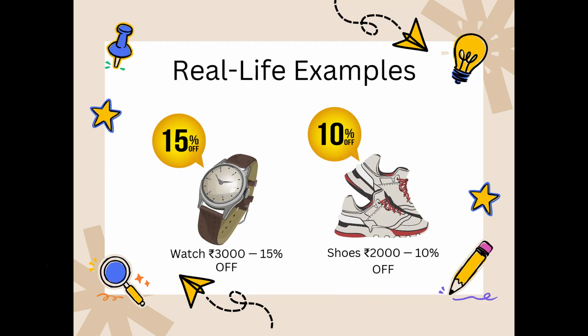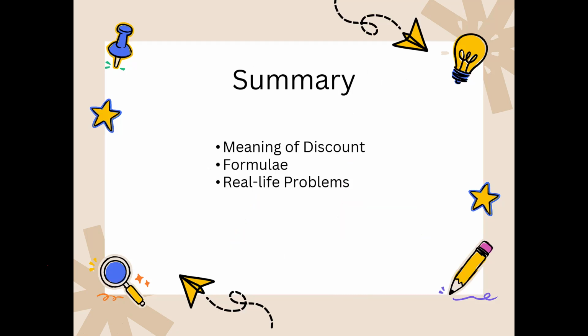First, let me summarize the topic, and I will explain how you will calculate this real life example by solving according to the discount, selling price and discount percentage formula. This is nothing but your homework. Within 2 minutes, I will tell you how to solve this. So let's summarize the topic. What have we seen? What is the meaning of a discount?